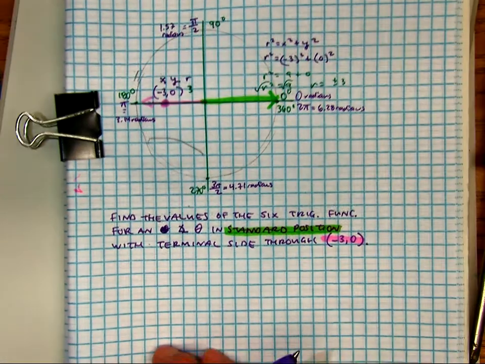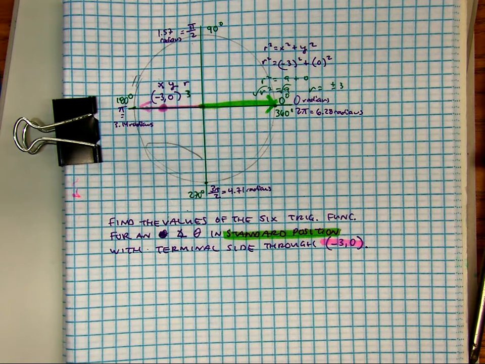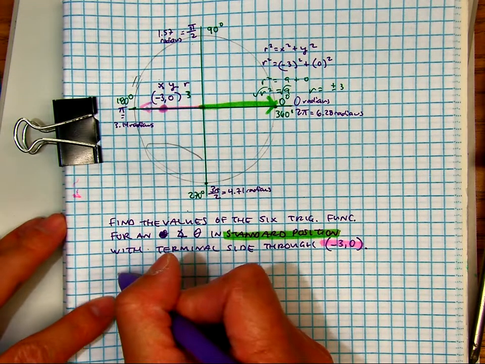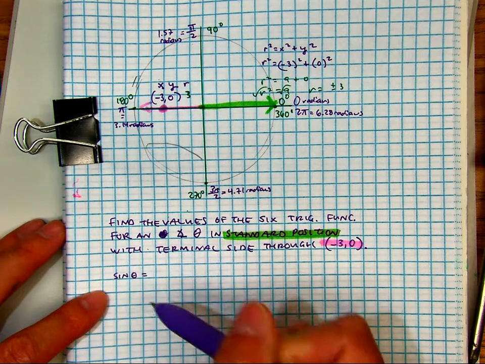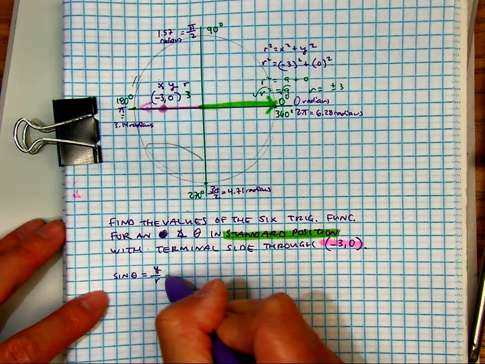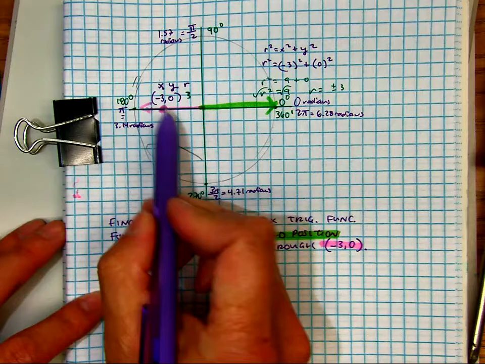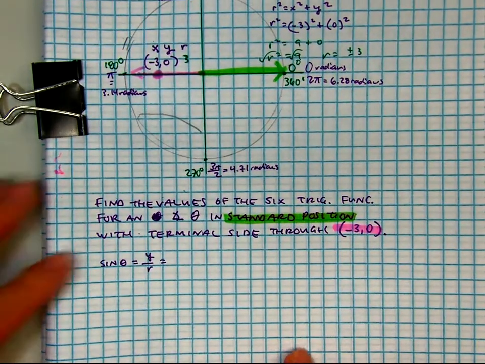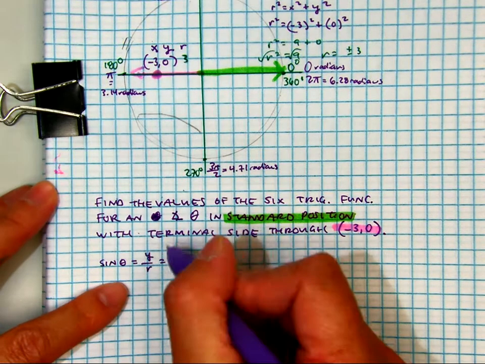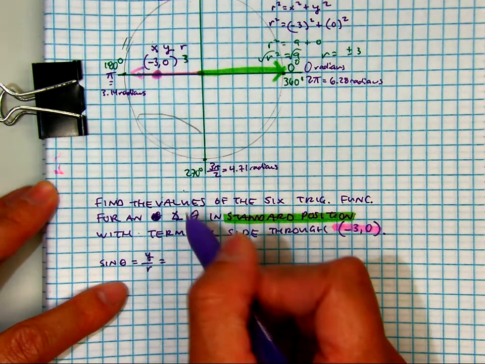Brenda. Sine of theta equals y over r. Okay? Based off of our circle here. Go ahead and substitute. And class, 0 over 3 is 0.